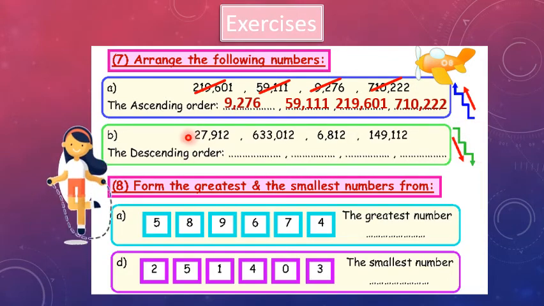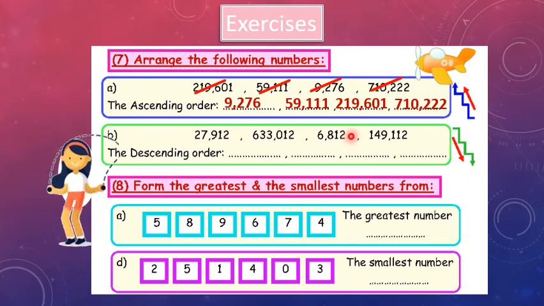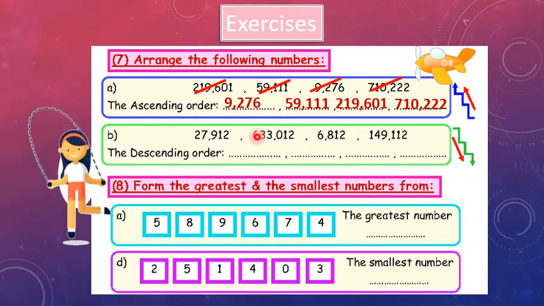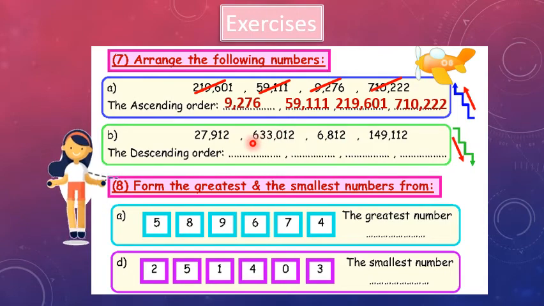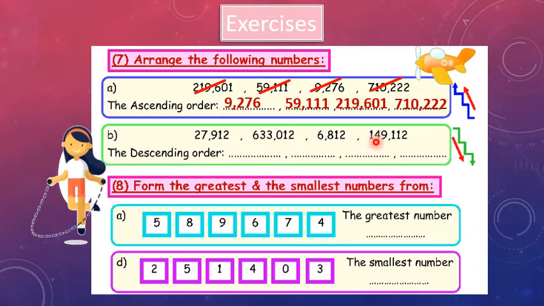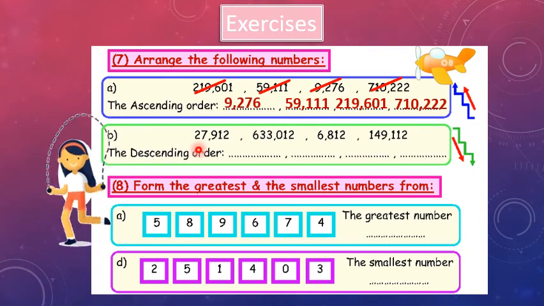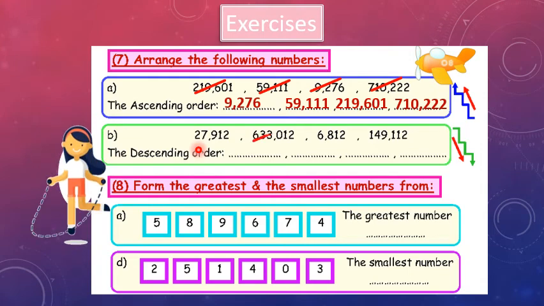In descending order, we begin from the greatest number to the smallest number. Count the number of digits. It will be 5, 6, 4, 6. Then we have here two numbers with 6 digits. Beginning from the highest place value, here we have 6 in the hundred thousands place and 1 in the hundred thousands place. Then the biggest number will be 633,012.